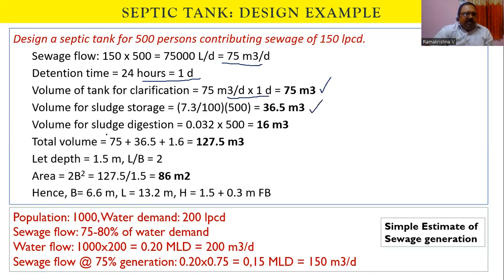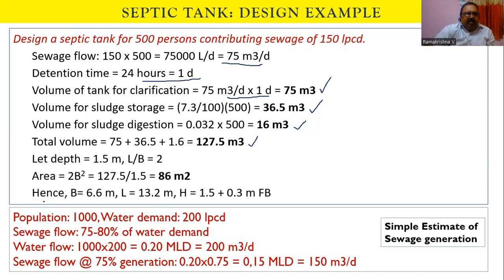Volume for sludge digestion is 0.032 meter cube per capita. Here it is 500 persons, so multiply by 500 and you get 16 meter cube. So the total volume is equal to 127.5 meter cube. This is what we calculate for sedimentation, sludge storage, as well as sludge digestion.